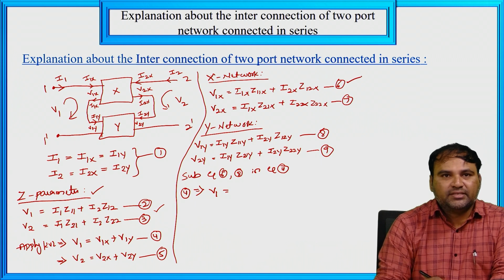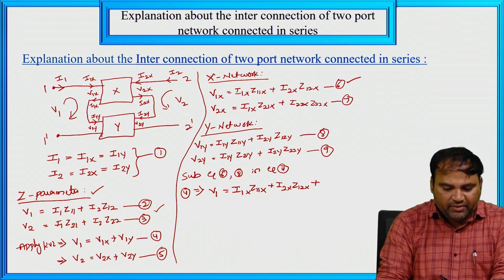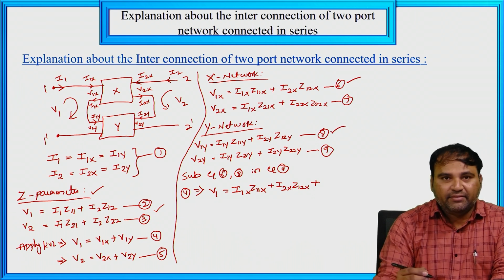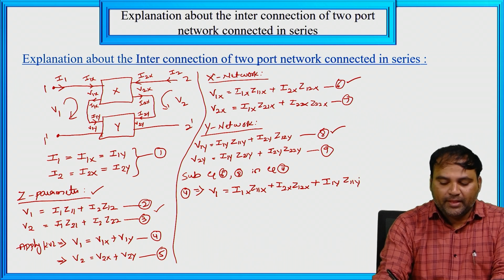Equation number 6. So V1x is equal to I1x into Z11x plus I2x into Z12x, plus V1y. What is V1y? Equation 8, so I1y into Z11y plus I2y into Z12y.